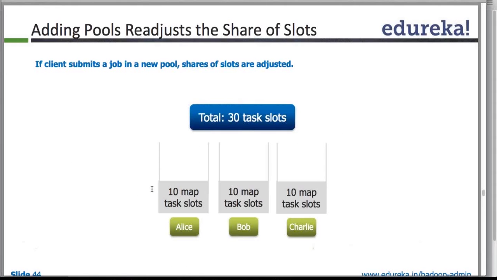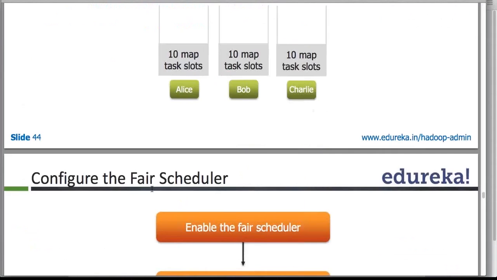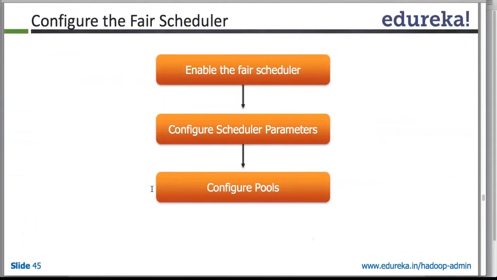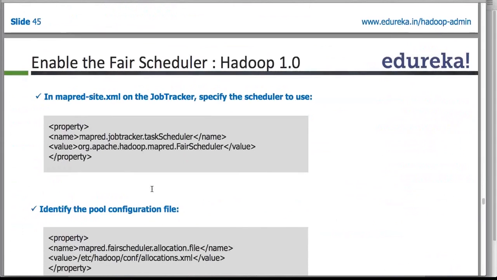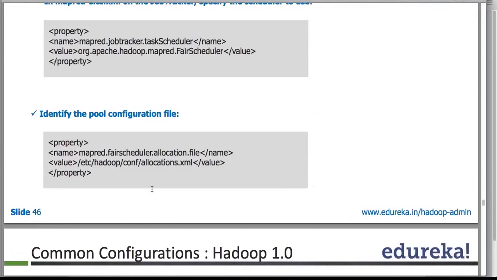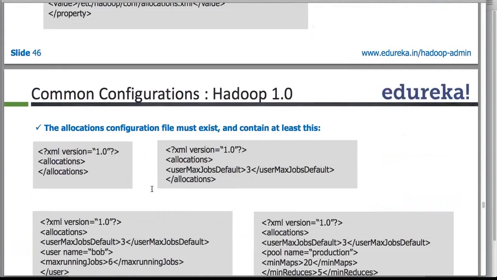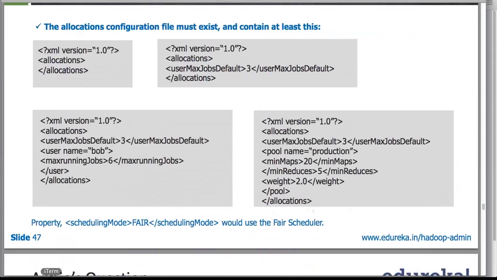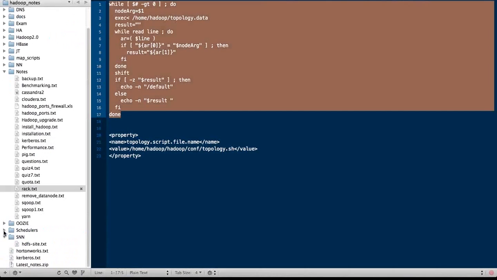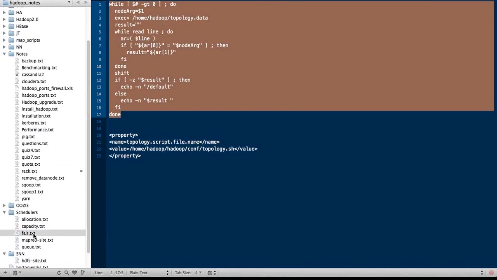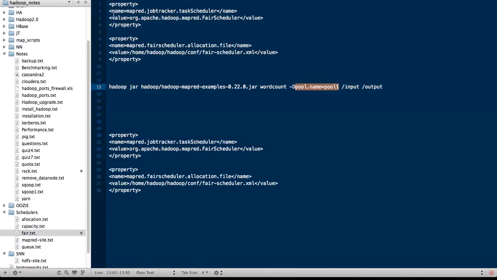We will see all this as we go along the course: how we enable fair scheduling, how we set it up, how we configure parameters. For the time being, food for thought is how we will enable the fair scheduler.